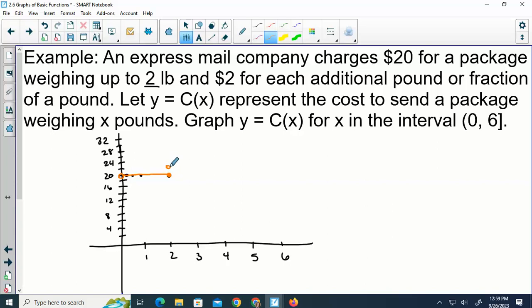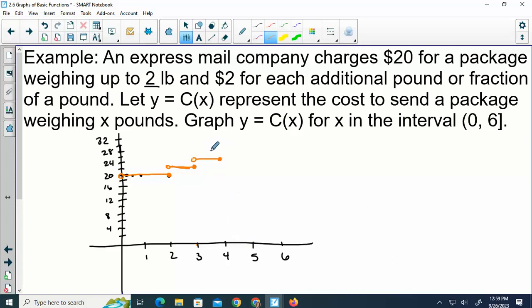So we're going to start with an open circle, and that's for each additional pound. So if it weighs exactly 3 pounds, you're still paying just that $2 more. But as soon as it goes over 3 pounds, what do we pay? 24, $2 more. So that would be from 3 to 4, we stay at 24.